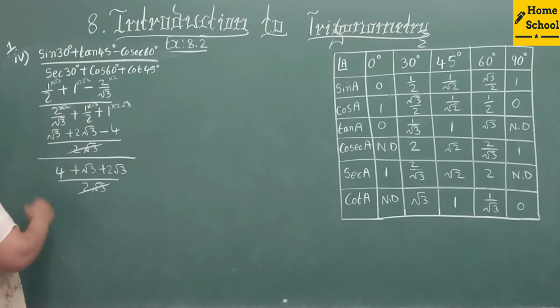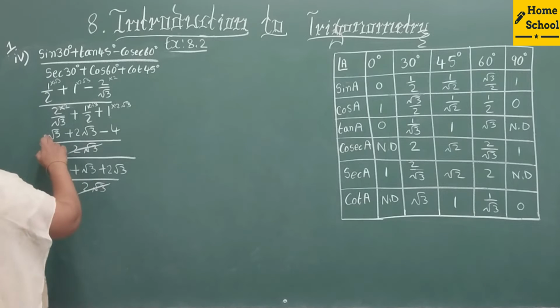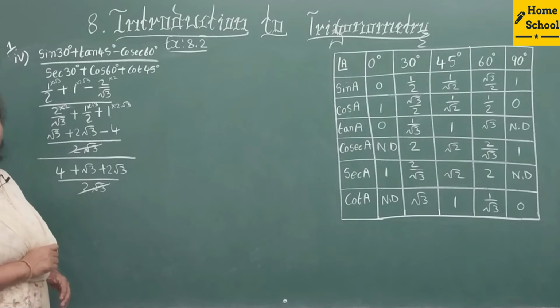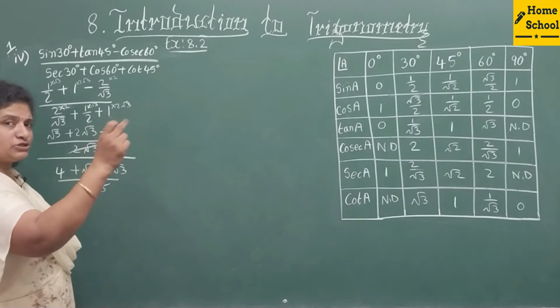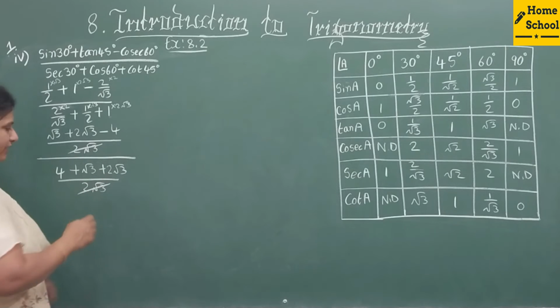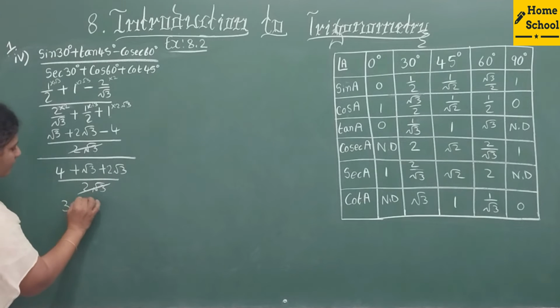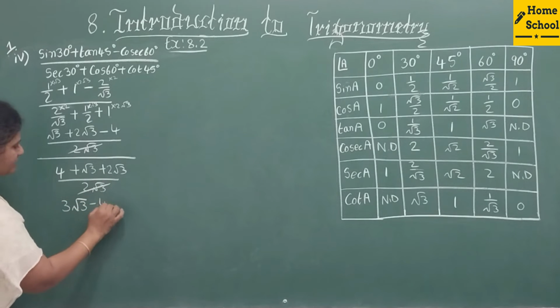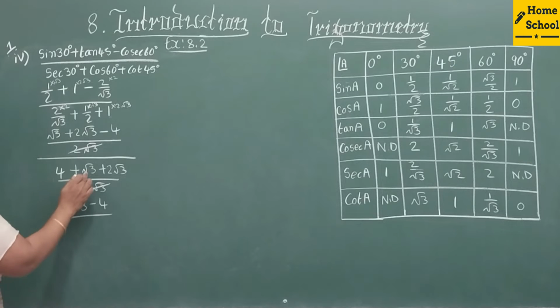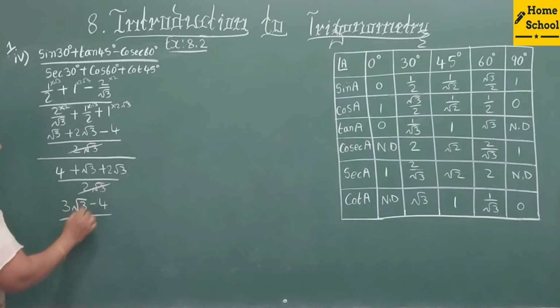This 2 root 3 and this 2 root 3 will be cancelled. Now root 3 plus 2 root 3, 1 root 3 plus 2 root 3 will be 3 root 3. Write that one only: 3 root 3 minus 4 by, here also root 3 plus 2 root 3 will be 3 root 3 plus 4.